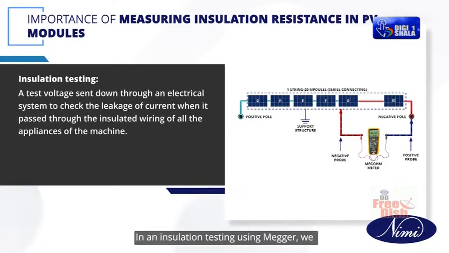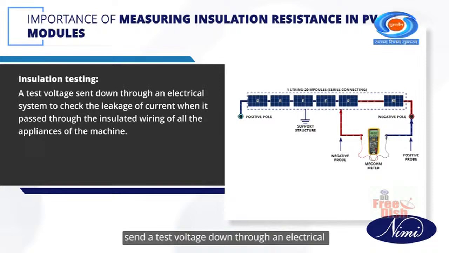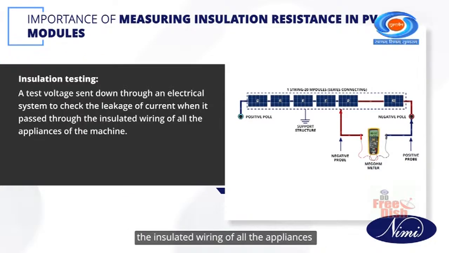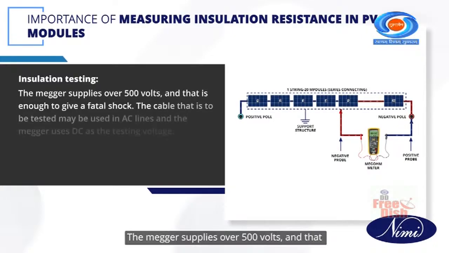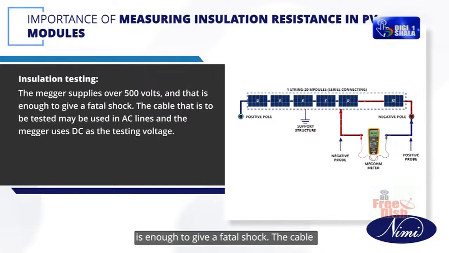In insulation testing using a Megger, we send a test voltage down through an electrical system to check if there is any leakage of current passing through the insulated wiring of all the appliances of the machine. The Megger supplies over 500 volts, and that is enough to give a fatal shock.